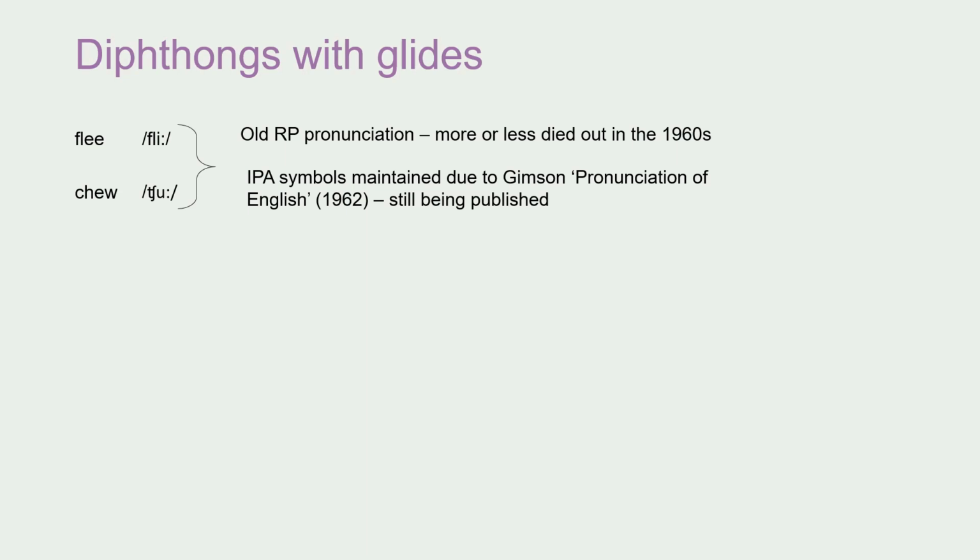But because he'd been brought up to believe that this particular accent had a certain amount of prestige, he decided to continue to represent it. The fact of the matter is that this book is still being published and used in universities to teach students pronunciation, and this causes quite a bit of problems. This is an instance of what is RP.